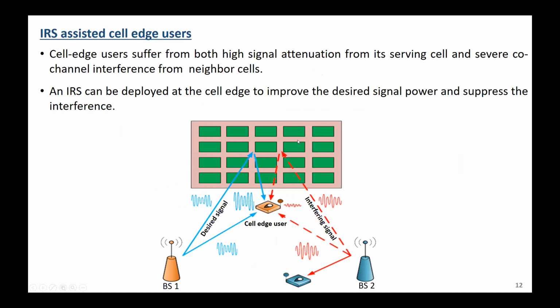Given that you are going to deploy some surfaces at the cell edge, you have the opportunity to, for instance, design the phase shift or the reflection coefficient of the elements in the surface, such that the desired signal is constructively added at the user, and the interfering signal is destructively combined at the cell edge user.